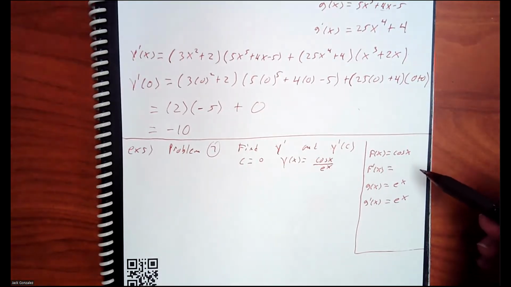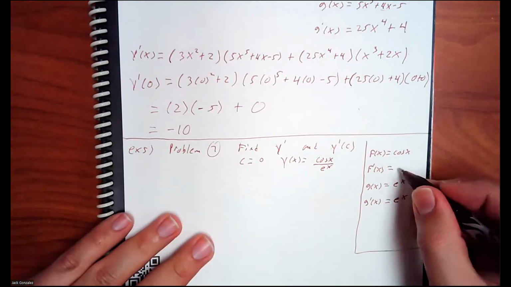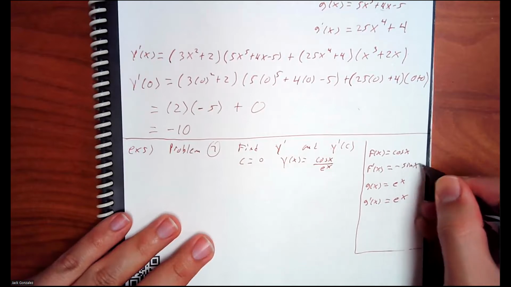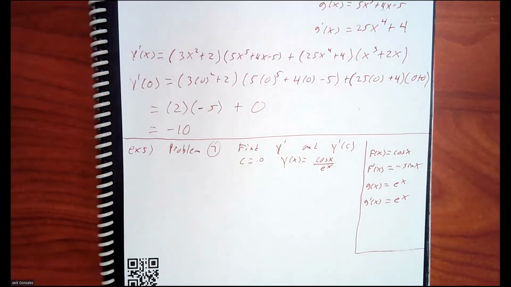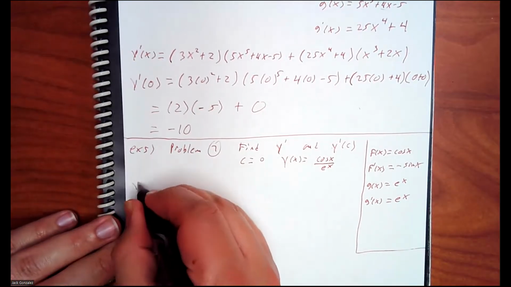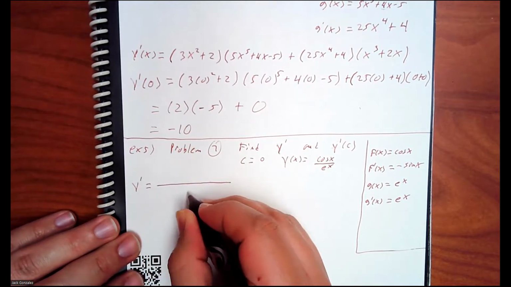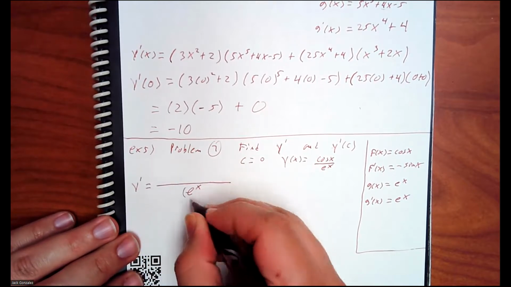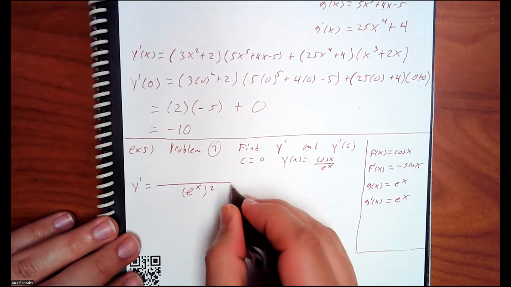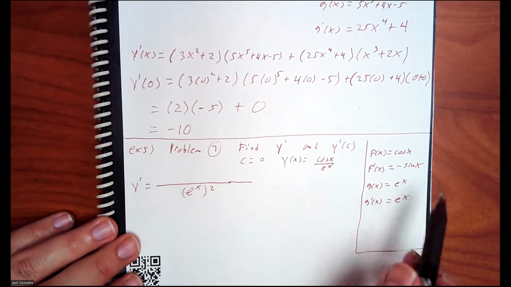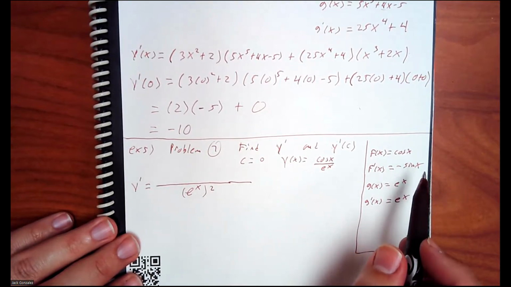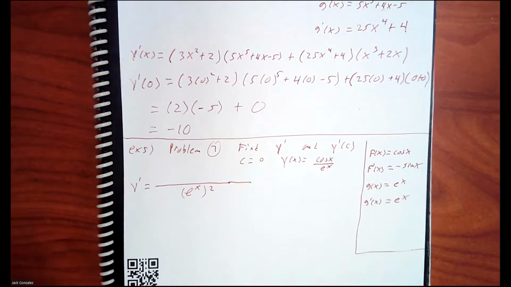f prime is going to be what? Negative sine. Okay. So the derivative squares the bottom, so we got e to the x squared. Then we have, what was the formula again? What's the first part?